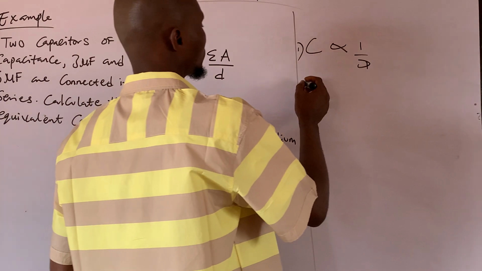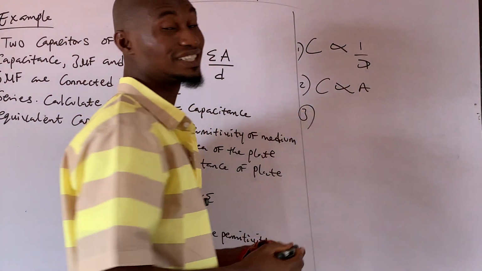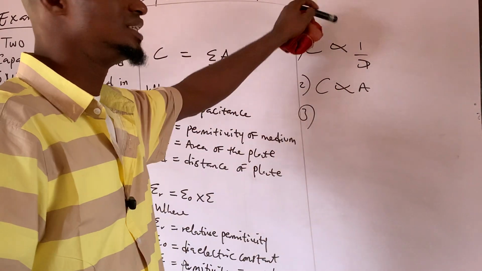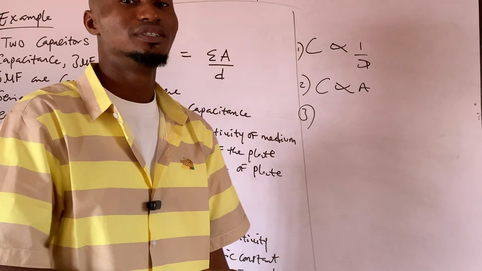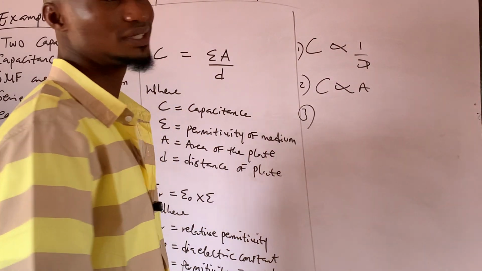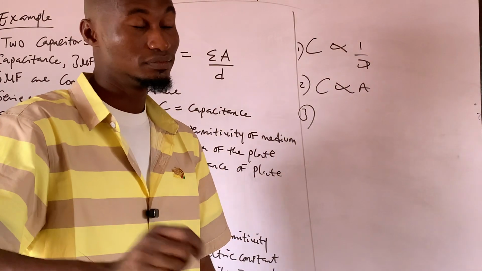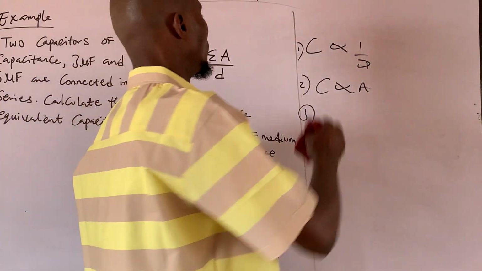Second one, we have C proportional to this. And the third one is an assignment for you. Go and make research. Go and check out on this. You understand that? So what I want to teach you today is calculation of capacitance of a capacitor. That is my focus right now. So thank you.